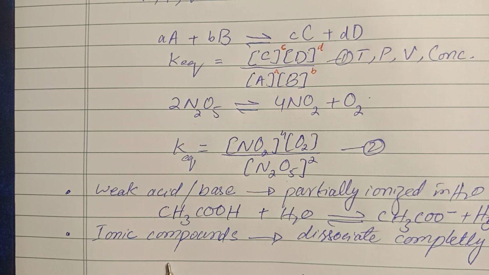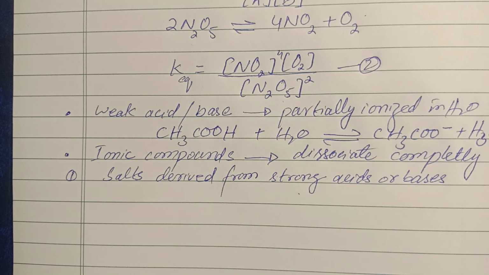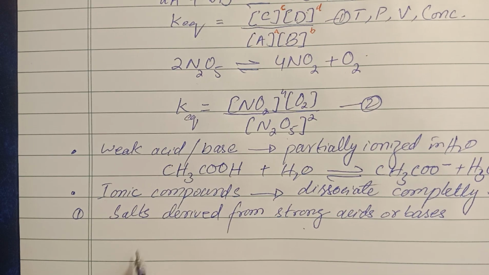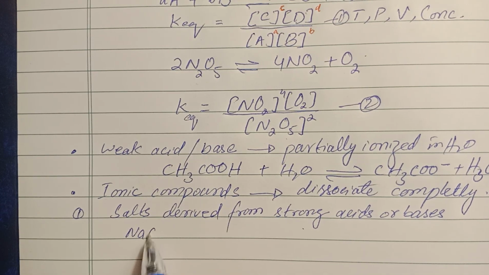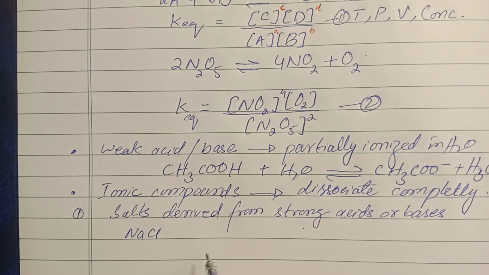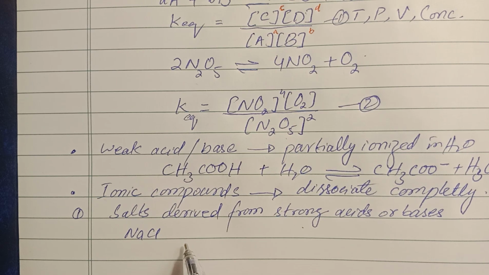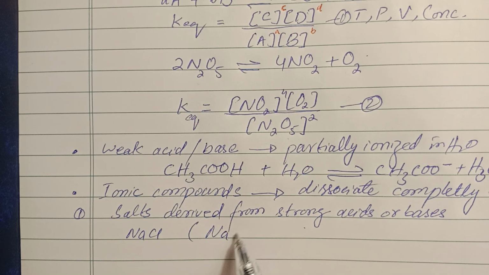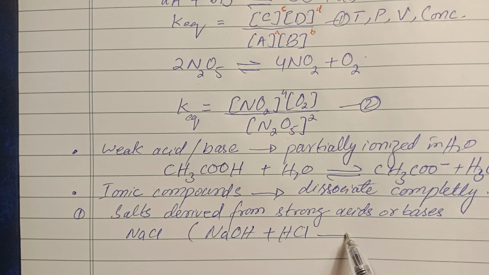There are 3 types of ionic compounds. The first one is salts derived from strong acids or bases, like sodium chloride, which is usually derived from a strong base and strong acid.